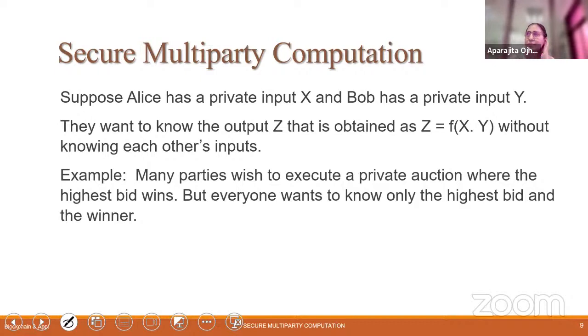See, whenever some auctions are there, everybody will be putting his bid in a sealed envelope, right? And the highest bid wins. How do you know that this is the highest bid? You have no idea.